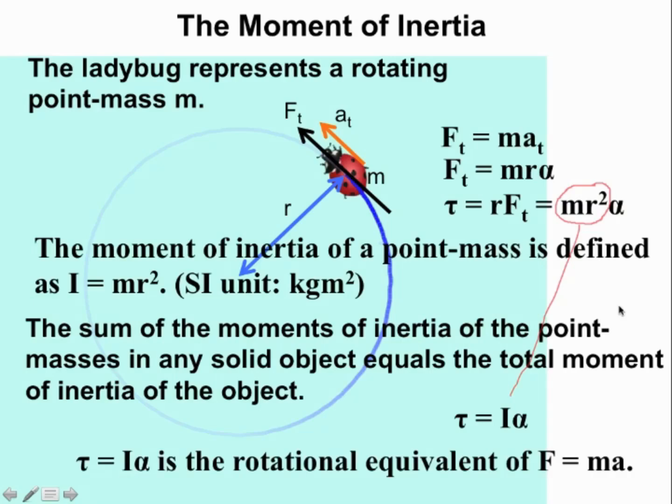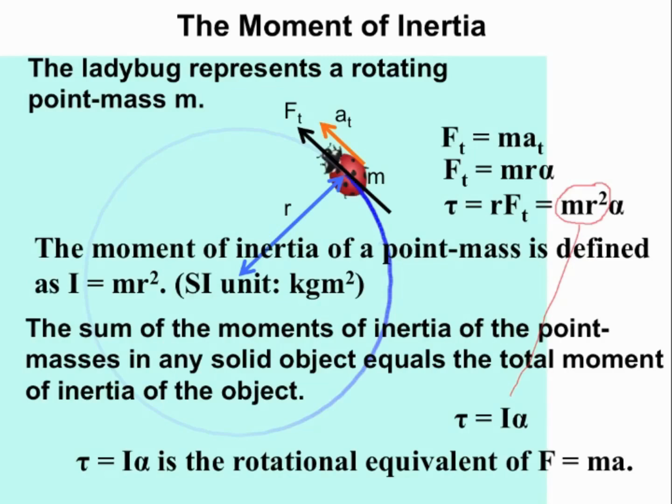Torque equals I alpha is the rotational equivalent of F equals ma. And that makes sense. In fact, if you think about all this rotational stuff, it's all analogous to the linear stuff. The angular displacement theta was analogous to the linear displacement s. We saw that in the last section. The angular velocity omega is analogous to the linear or tangential velocity. Same is true of the angular acceleration.